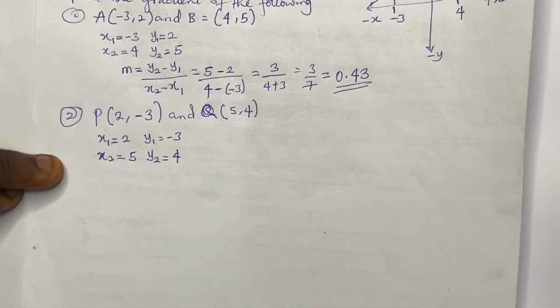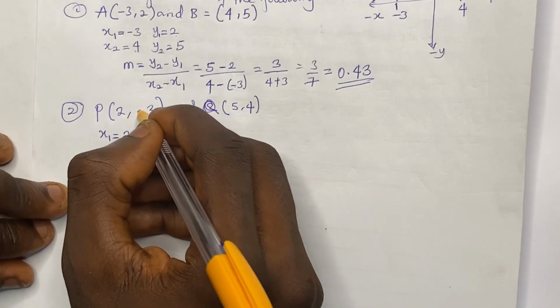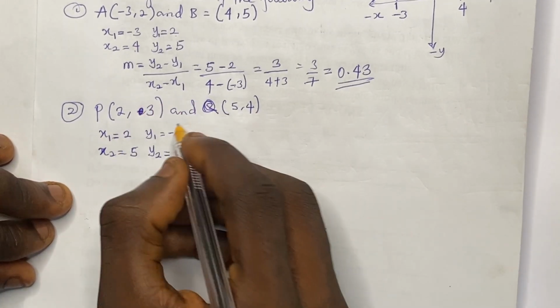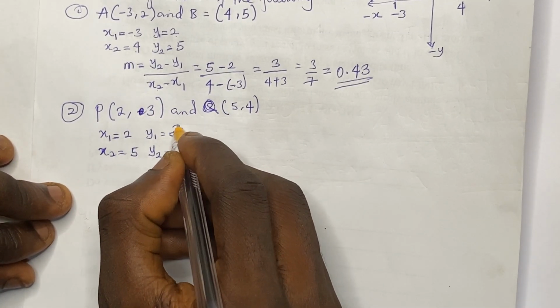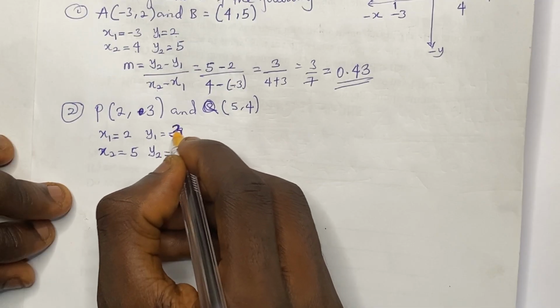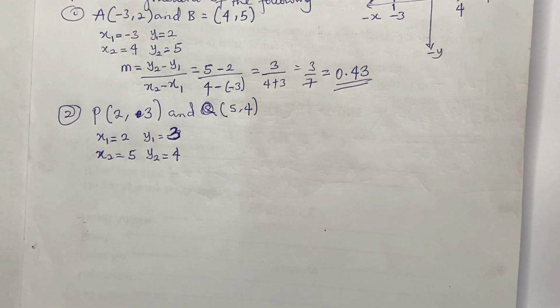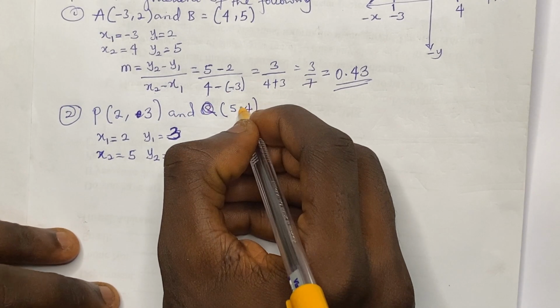So let's say this is 3, not minus 3. That's 4 minus 3, that will still give us positive. Let's say our y2 here is minus 4.